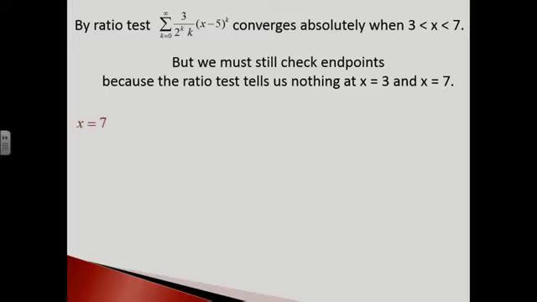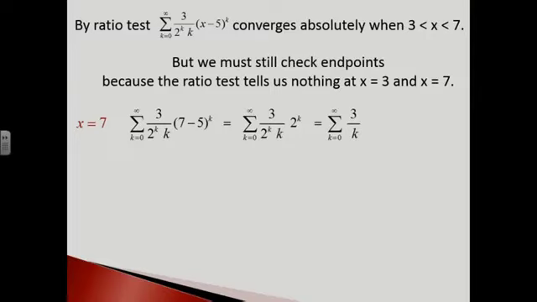When x equals 7, the series becomes sigma k equals 0 to infinity of 3 divided by (2 to the power of k multiplied by k), multiplied by (7 minus 5) to the power of k, which equals sigma of 3 divided by (2 to the power of k multiplied by k), multiplied by 2 to the power of k. Reducing 2 to the power of k, we get sigma of 3 divided by k. This is a p-series with p equals 1, so it diverges.